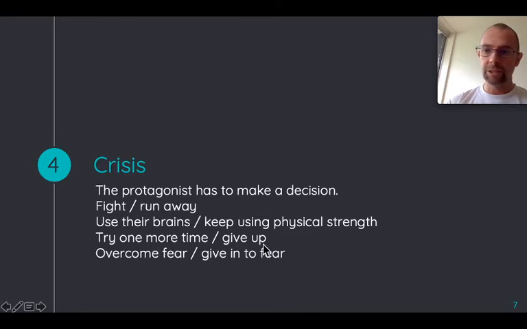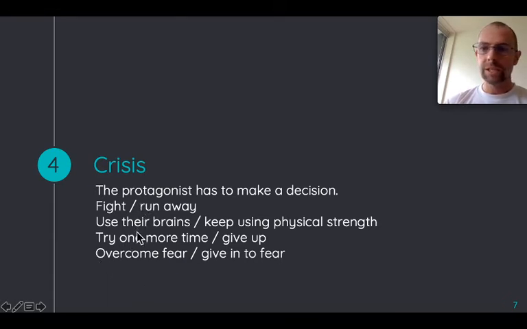Their old strategy was to give up and let other people win or dominate, and they end up losing all the time. Now they're going to try one more time and not give up. Or perhaps one of their character traits is that they're cowardly and they give in to fear. Now they're going to choose to overcome their fear.